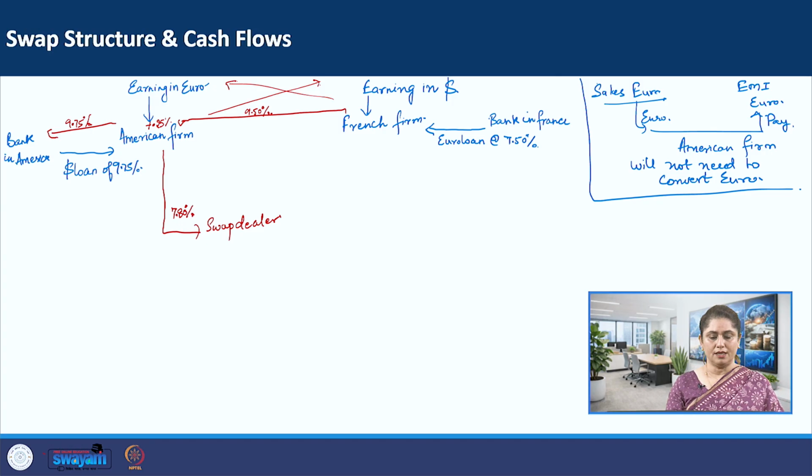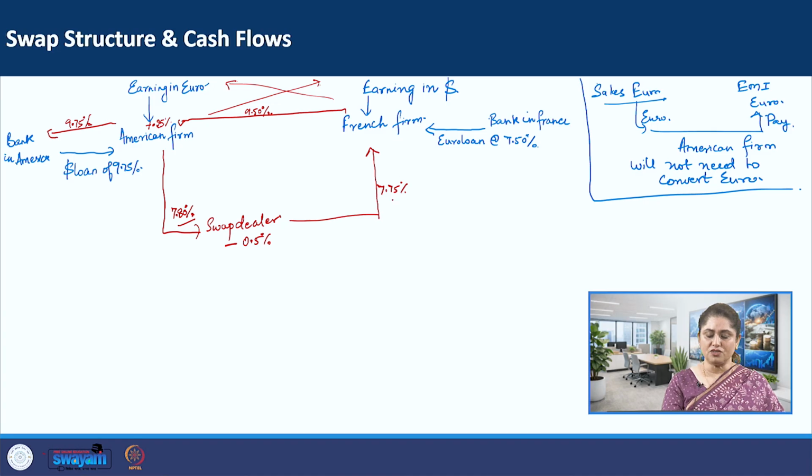7.80% interest. This swap dealer is going to subtract 0.5% interest from this payment and will give the French firm the remaining. And what is the remaining? 7.75% is going to be the remaining one.